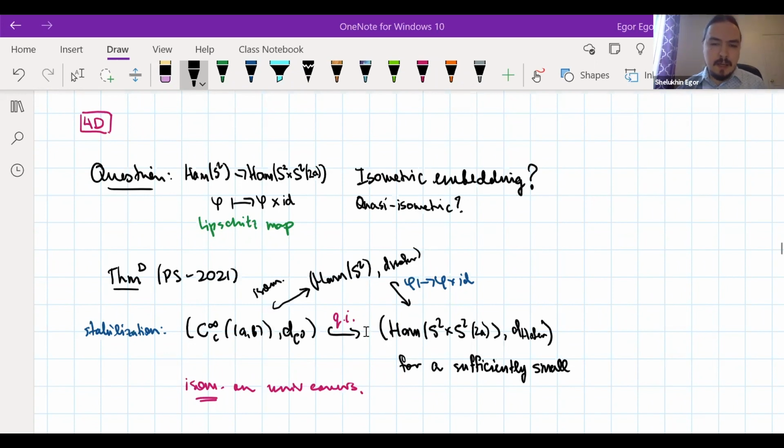And you see it is quasi-isometric instead of isometric because in Ham of this stabilized manifold there are non-contractible loops. So there's an exotic element in pi1 due to Gromov. And so this quasi-isometry comes from dealing with this loop in pi1. On the level of universal covers, this is indeed an isometry.